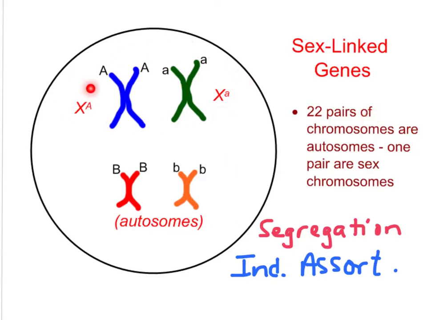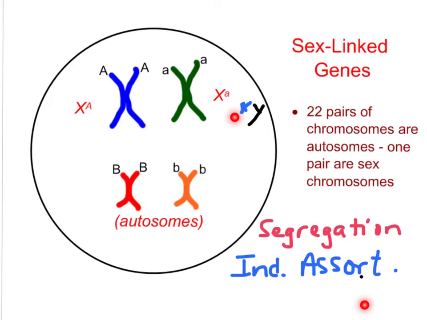Here's the pair that would be the sex chromosomes. You have one from your mother, one from your father, and there's the little y, our very small little y. The father would either contribute, in this case, the X, or the father could contribute this Y. Those are then the sex-linked genes.